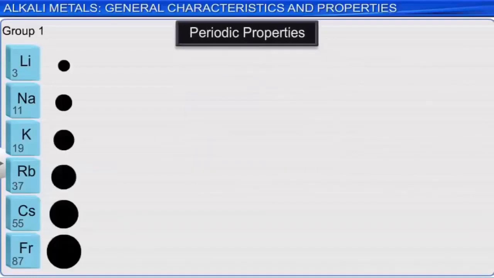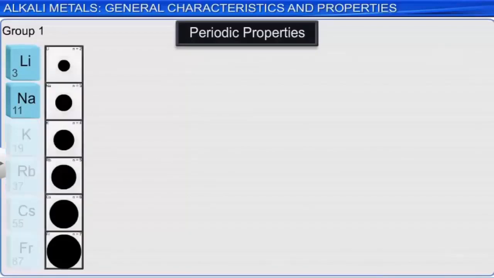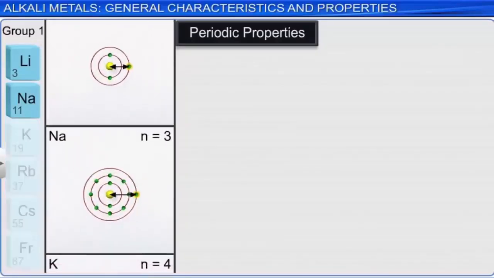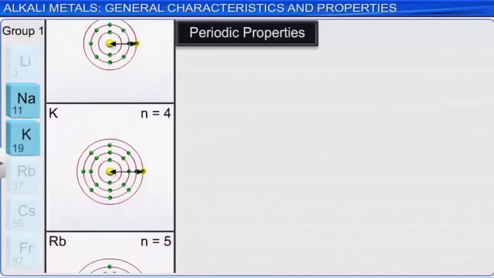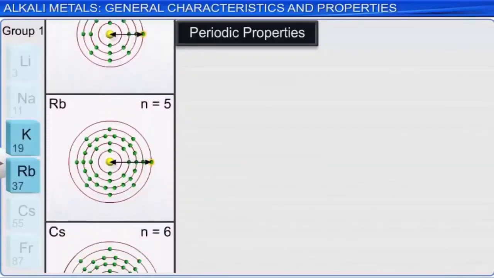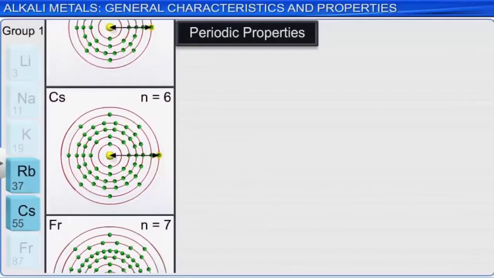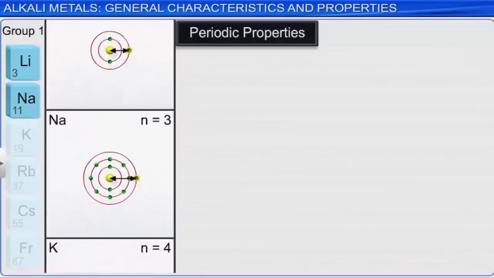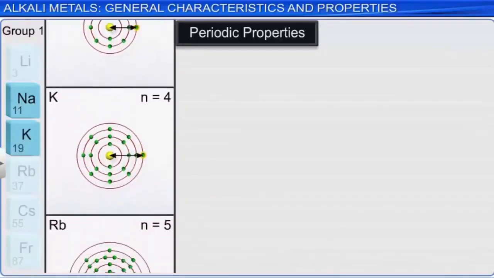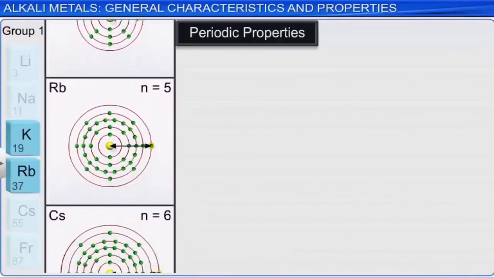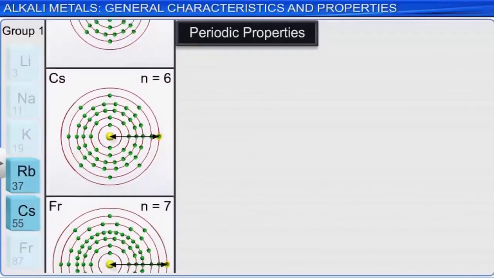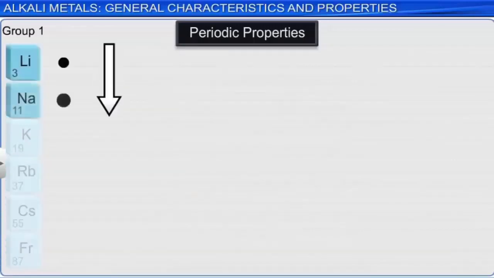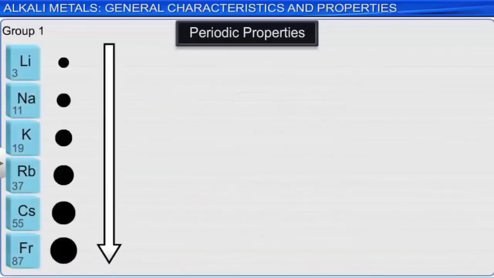In this module, the atomic size of these elements gradually increases: lithium is small, sodium is a little bigger, then potassium, rubidium, cesium and francium. The common oxidation state of alkali metals is +1.